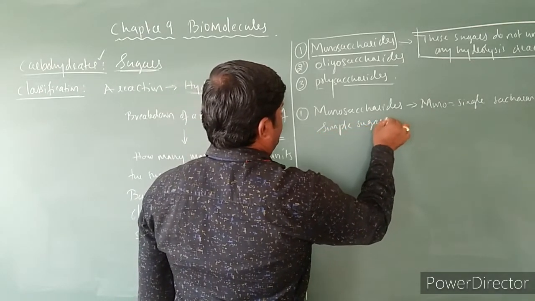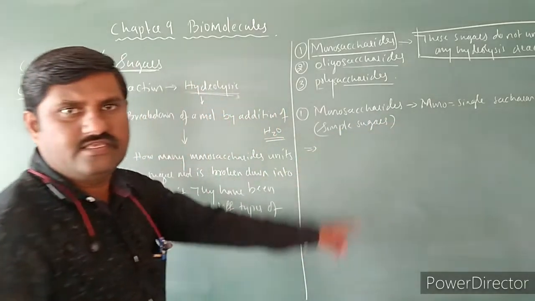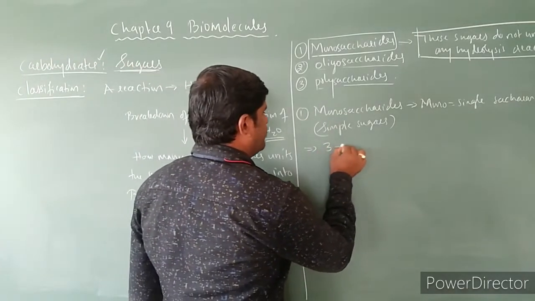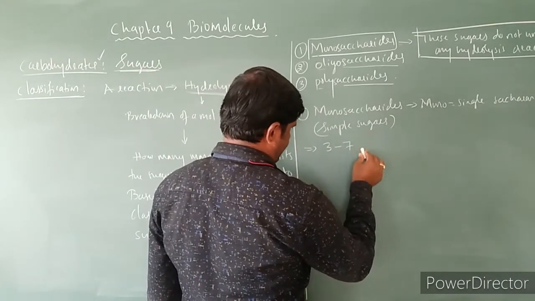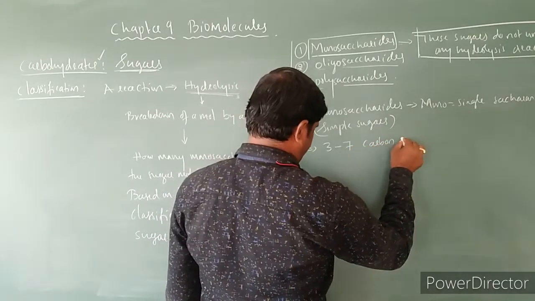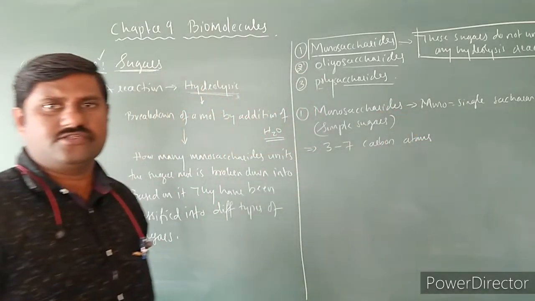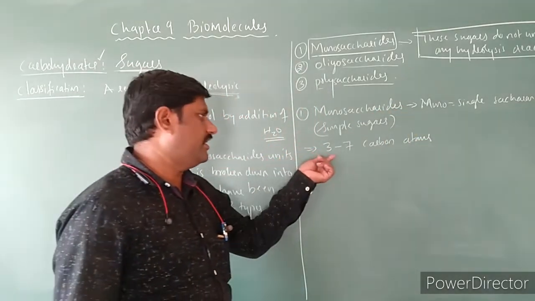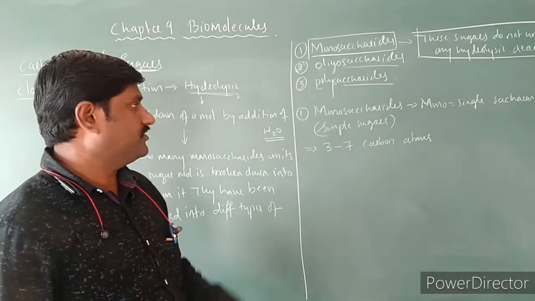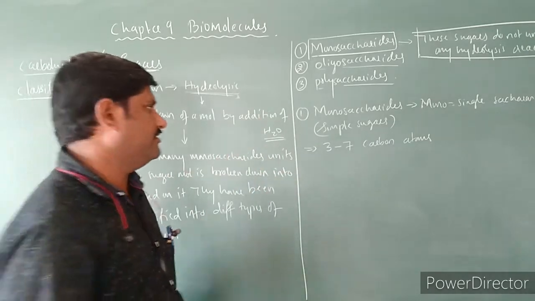These simple sugars consist of 3 to 7 carbon atoms in their structure, and such monosaccharides do not undergo any hydrolysis.